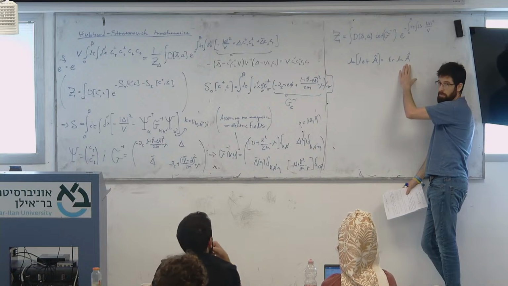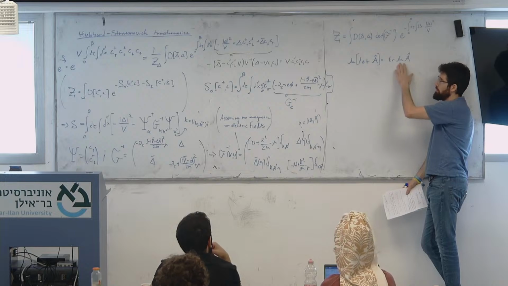What is the ln of a matrix? Also a Taylor summation. Yeah, you can imagine writing this.